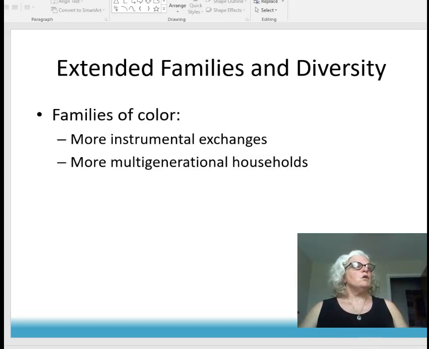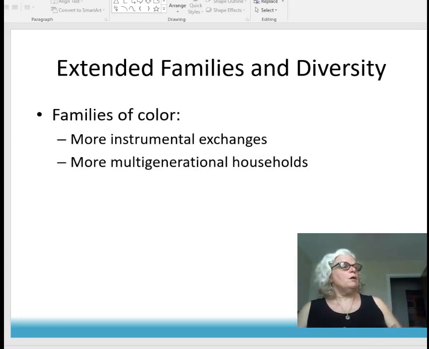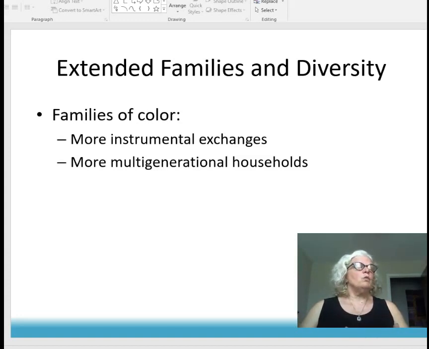This goes for the Hispanic population and the Black population, and by the way, for the Asian population too. Part of that is familial responsibility, which we'll talk about when we talk about the older population down the road, that there is an expectation of multi-generational living.